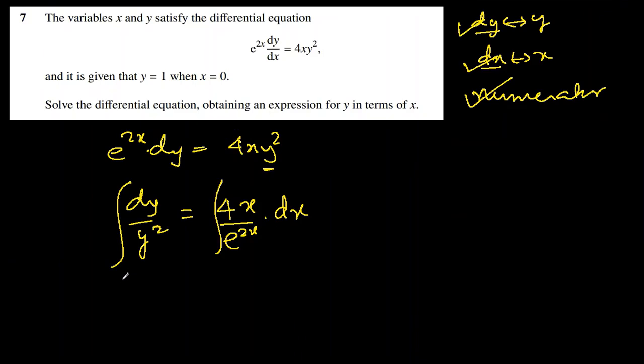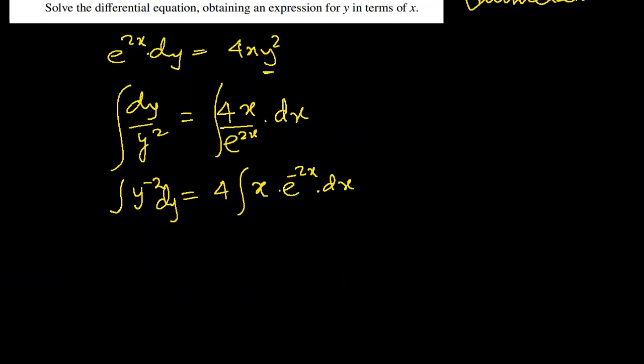For integrating, let's rearrange this. We can write this as y to the power minus 2 dy equal to, let's take 4 out of it, so it will be x e to the power minus 2x dx.